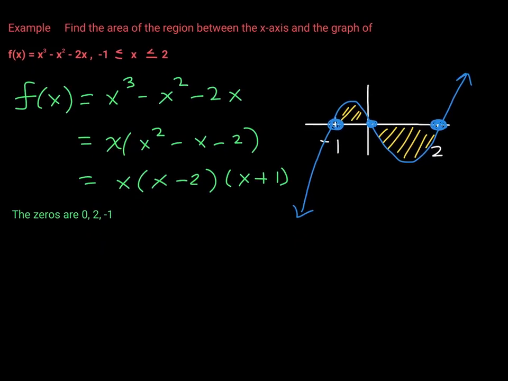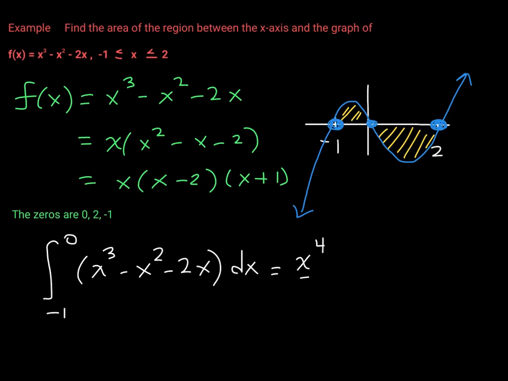The first integral will be from -1 to 0 of our function, which is a polynomial, which is convenient. We need an antiderivative, so this will be x to the fourth over 4 minus x cubed over 3 minus x squared. And all of that evaluated, this is how the book writes it, in brackets, with the lower limit and the upper limit.